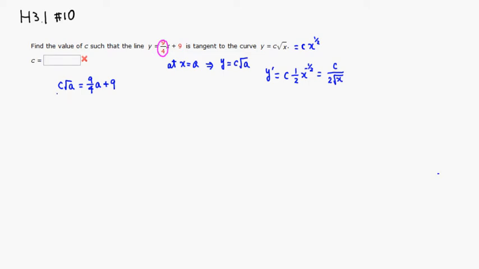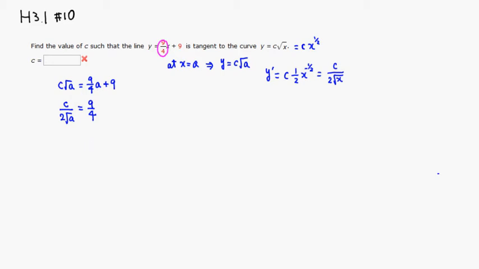So we have c over 2 times square root of a is going to be equal to 9/4. What we're going to do is solve for square root of a and plug it in here and plug it in there.